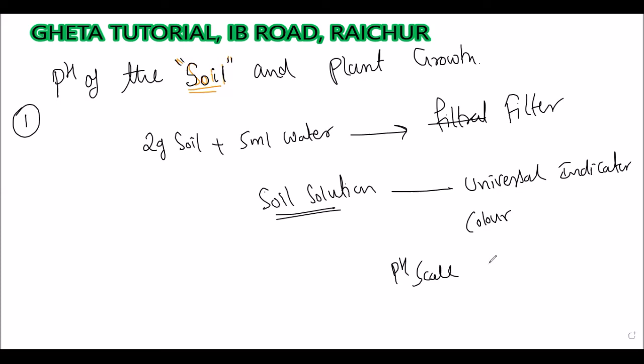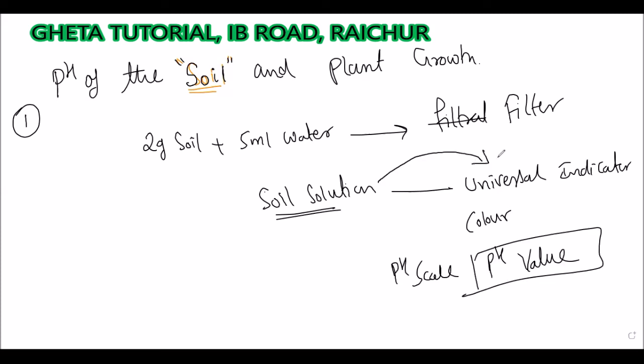When you put the soil solution on the universal indicator, it will show you a color. That color we have to match with the pH scale. The pH scale will show you the pH value of the soil, so we can come to know whether the soil is acidic, basic, or neutral.